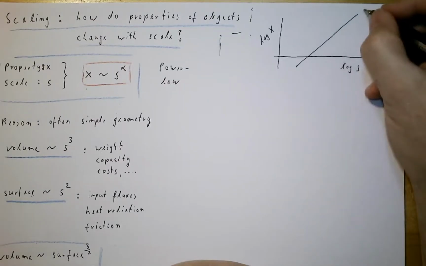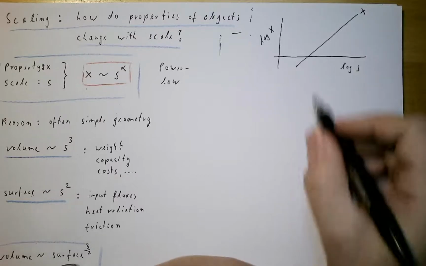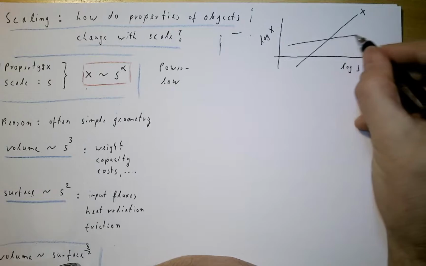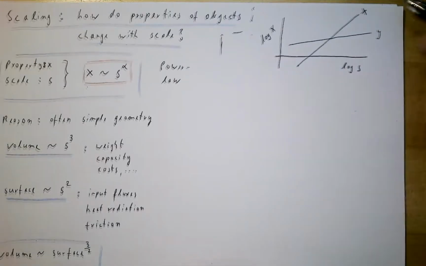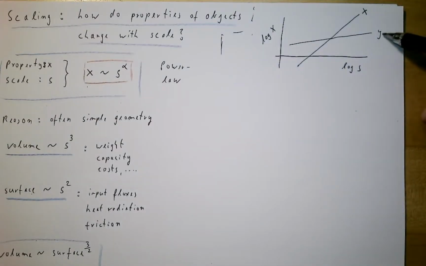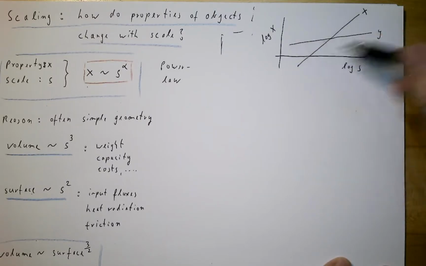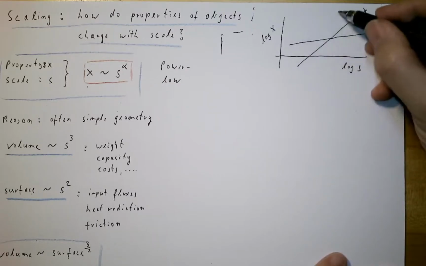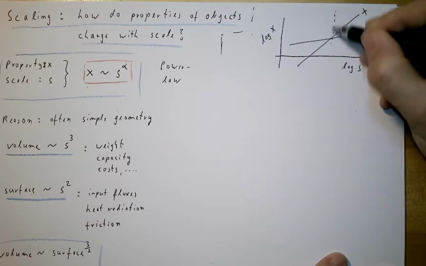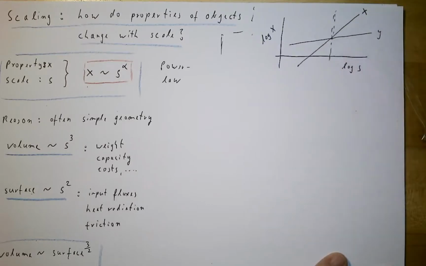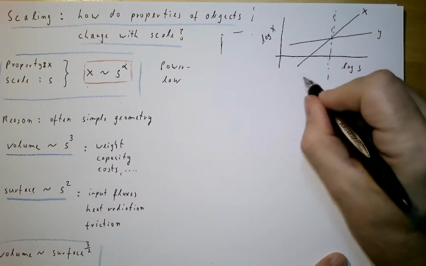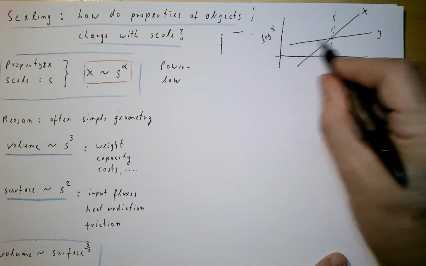That was the property x, and now we have another property which goes with a different exponent. That's the property y. For example, this is the volume and this is the surface. If we have two different properties which scale with different exponents, then you see we have a regime where the dominance of one of the power laws changes. So in this regime of small scales, we see that y dominates.